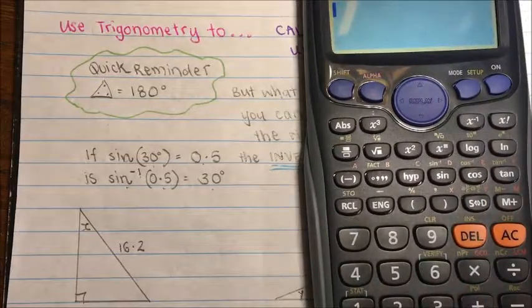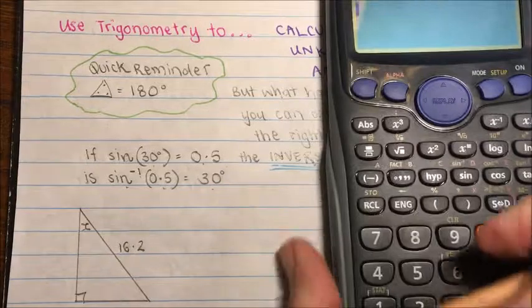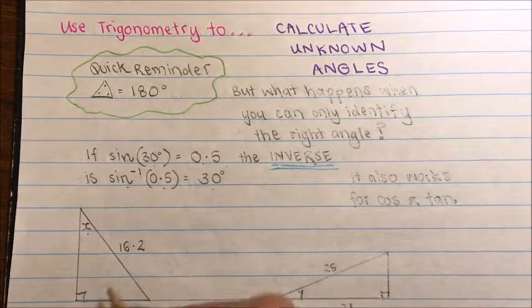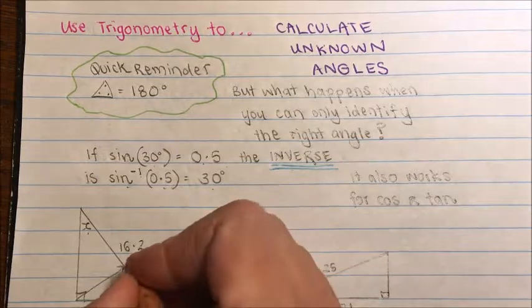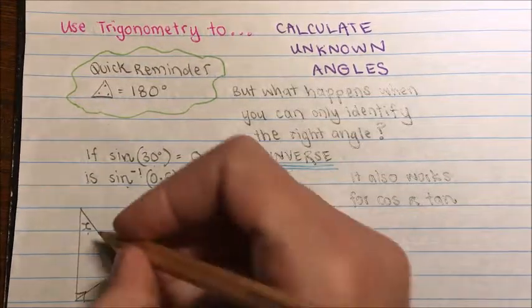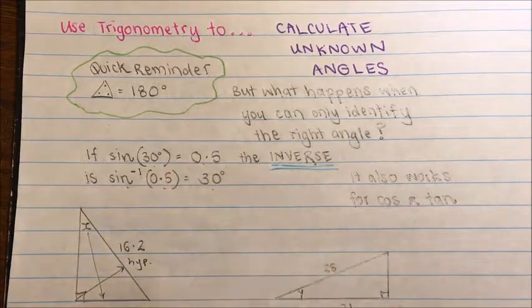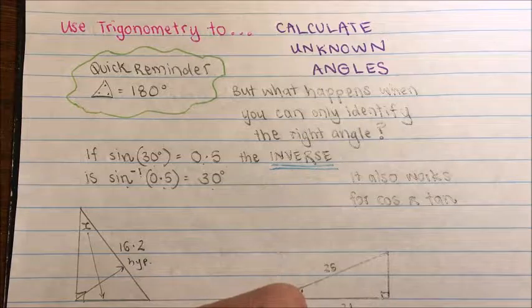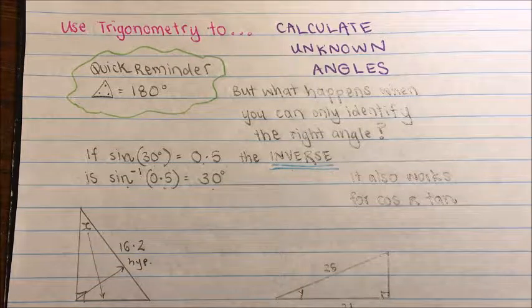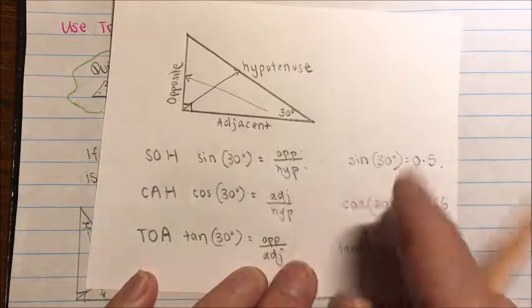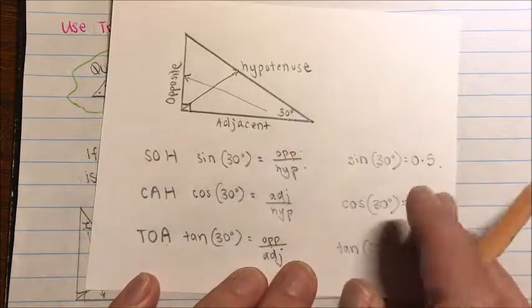So let's have a look at how it might look in a question. If I wanted to find this little angle here, again, I start by naming the sides. I've got a hypotenuse, just like I did with the unknown lengths, and I've got an opposite. So when I've got a hypotenuse and an opposite, I'm going to remember what involves that. Hypotenuse, opposite, I'm going to be using sine.